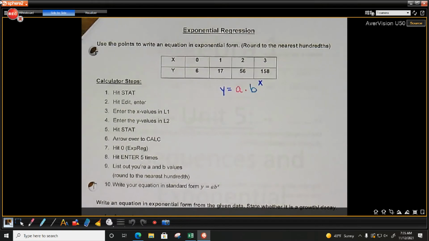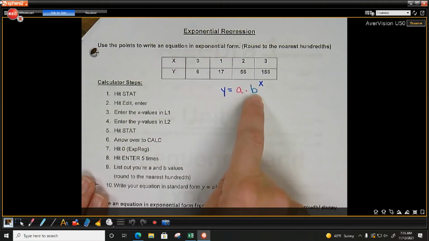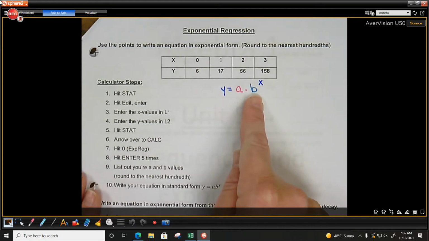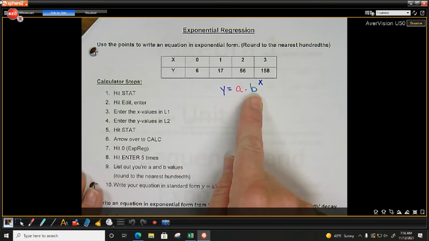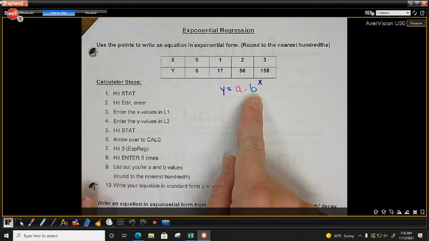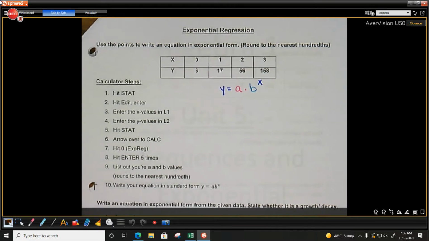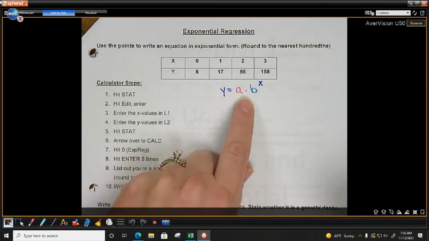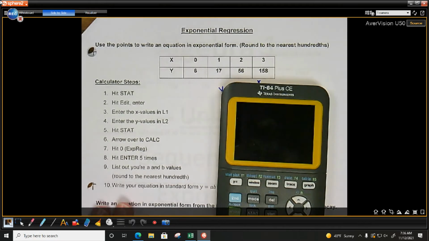And remember, a is your starting value and b is your growth factor. Okay? If b is bigger than 1, then you are growing, and if b is less than 1, then you are decaying, okay? So, in order to write my exponential regression equation, I need to find a and I need to find b. So let's go to our calculator.